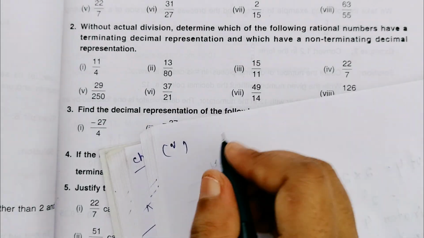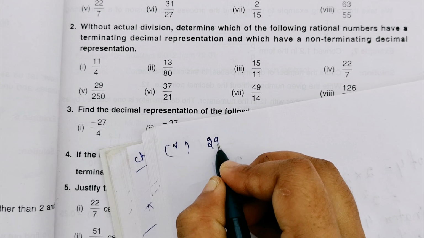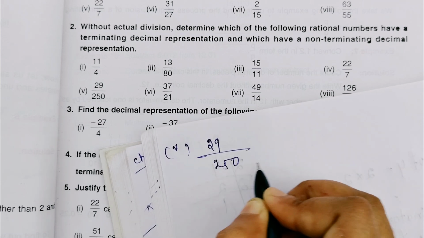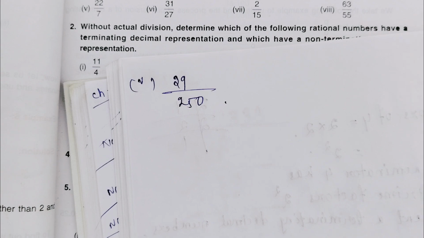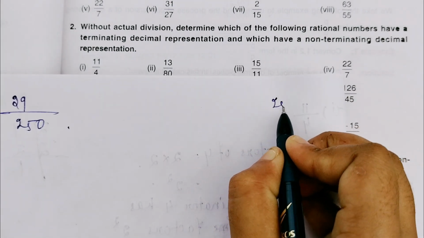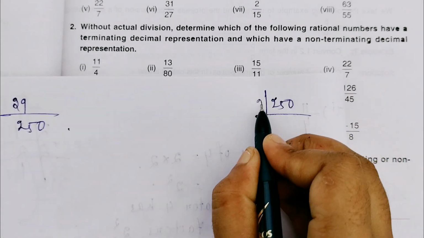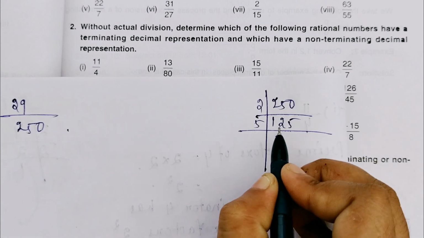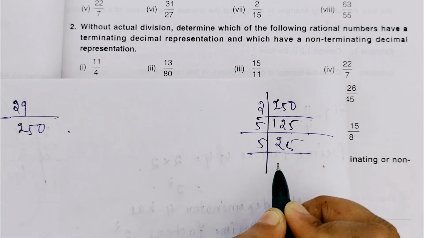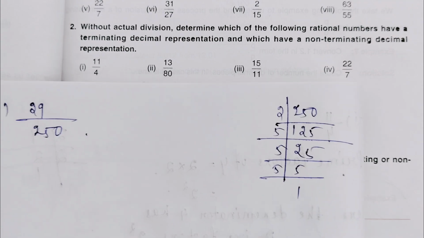Then another point, V, 29 by 250. First, we find the prime factors of 250. 2 1 is 2, 2 2 is 4, 2 5 is 10. Then 5 2 is 10, 5 5 is 25, 5 1 is 5.